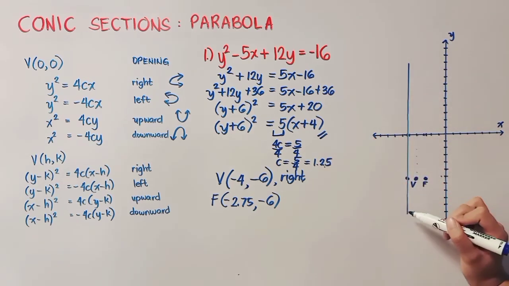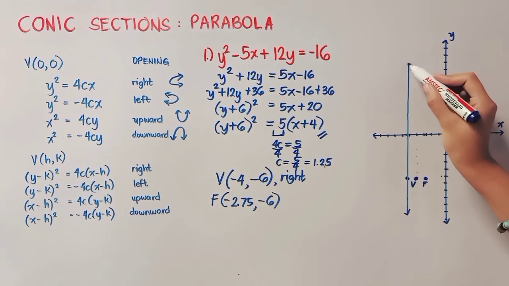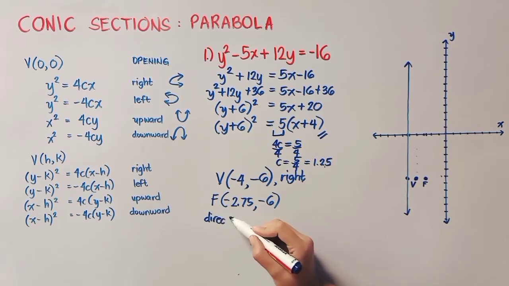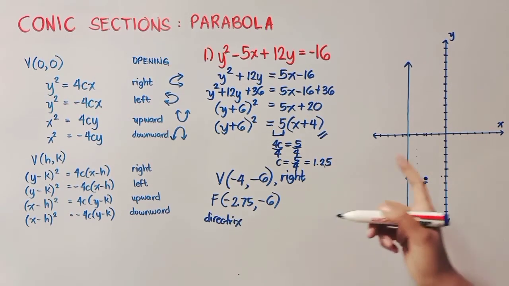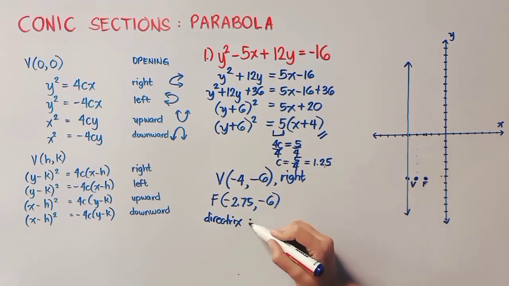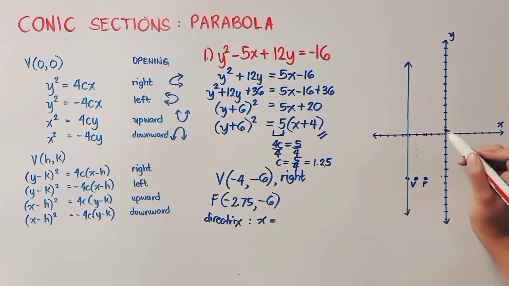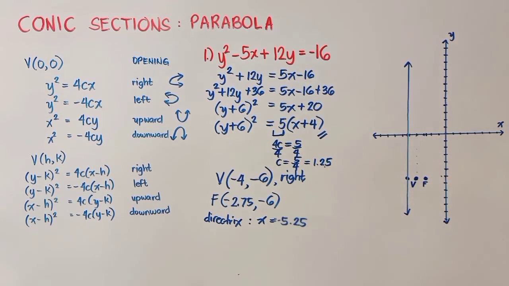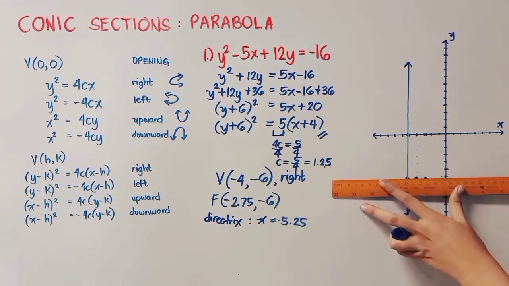As you can see, this line passes through the x value, negative 5.25. Therefore, the line of our directrix is x equals negative 5.25. Now, our line of symmetry passes through our vertex and our focus.